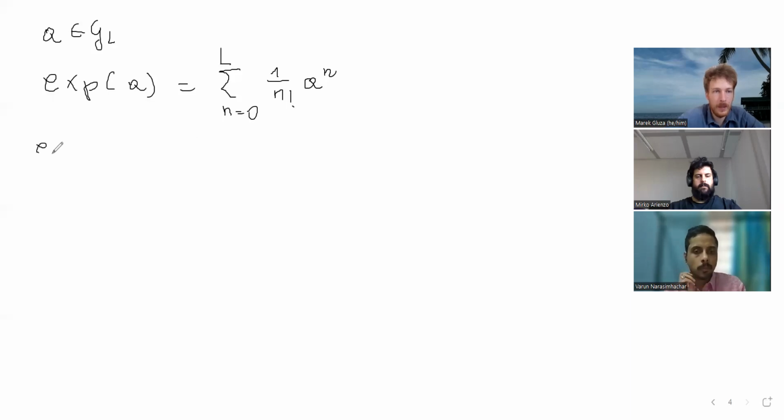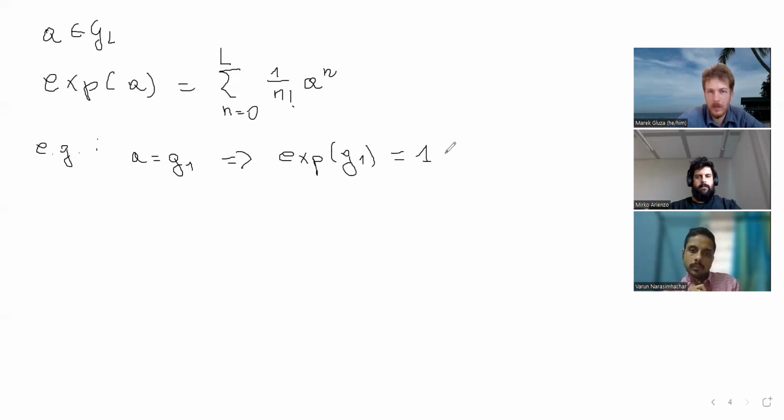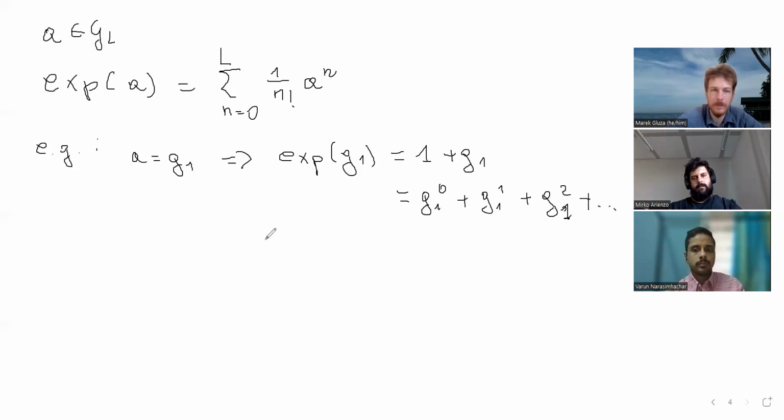Okay, so example: a is equal to just one Grassmann number G1, then exp of G1 is the identity plus G1, because this is G1 to the power 0 plus G1 to the power 1 plus G1 to the power 2, and plus the zeros.